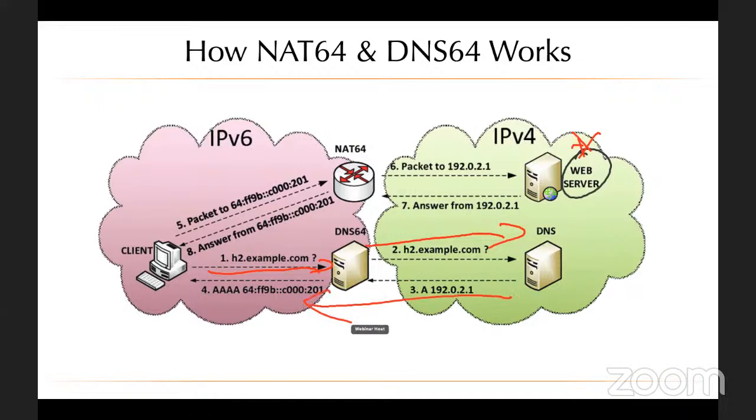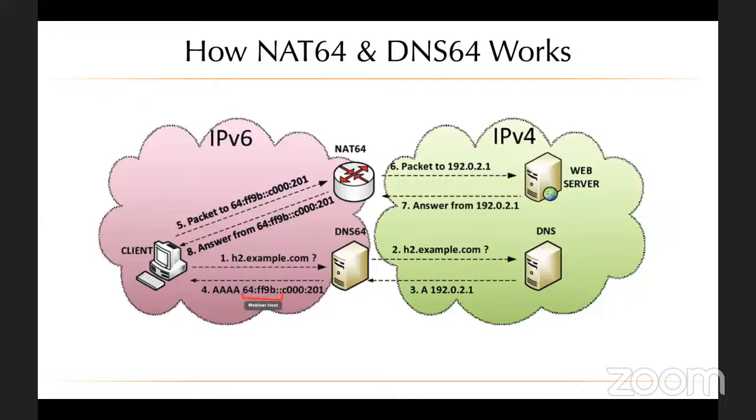Remember, the client is V6-only. It sends out a query expecting to get back a AAAA record. Because we don't have a AAAA entry in DNS, DNS is going to synthesize one based on the V4 address that it gets. So based on 192.0.2.1, it's going to synthesize using, remember, the well-known prefix, right?